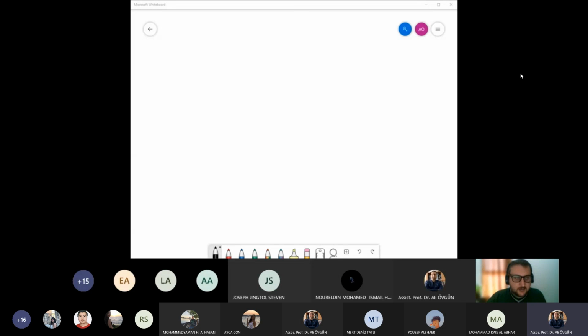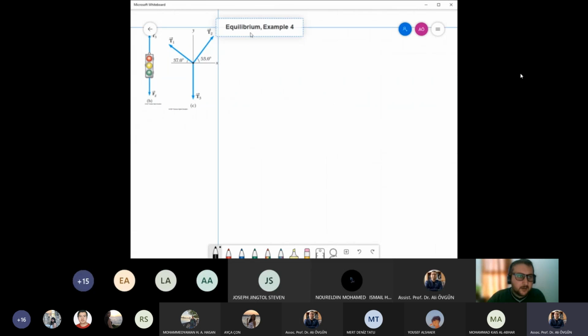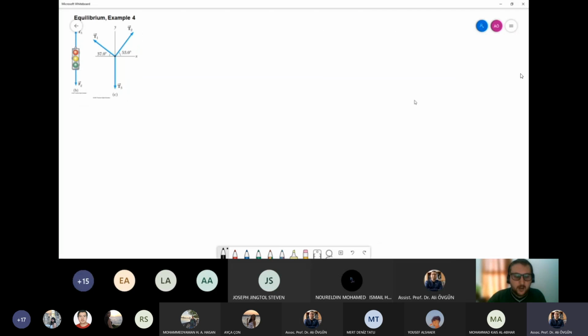So you can see the question. This is example 4. They give you the angles, and the traffic light weighs 100 Newton.